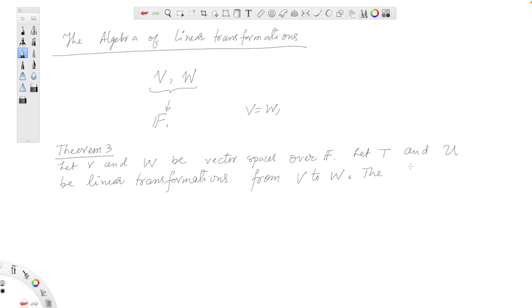The function T plus U, which is supposed to be a function from V to W as well. Okay, so now this is a function from V to W. So how does it act on a given vector v of the vector space V? This is how we define it.